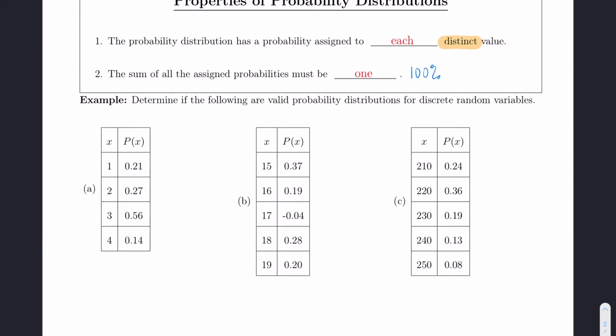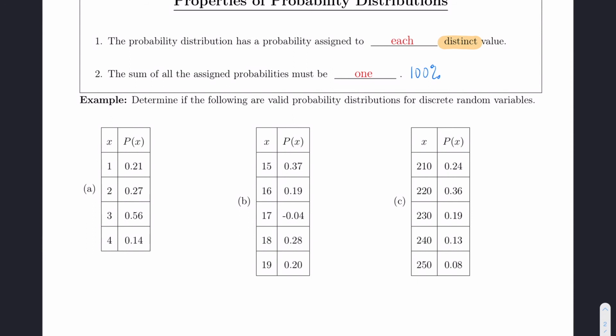If we look at this example, we need to determine if each of these probability distributions is valid. In my first example, let me check and see if my variable is discrete and if each value is distinct, right? So 1, 2, 3, 4, that's countable, it's discrete, and nothing shows up more than once. Now I need to check the probabilities. One thing that it doesn't point out up here is the properties of probability itself. It's just talking about the properties of probability distributions.